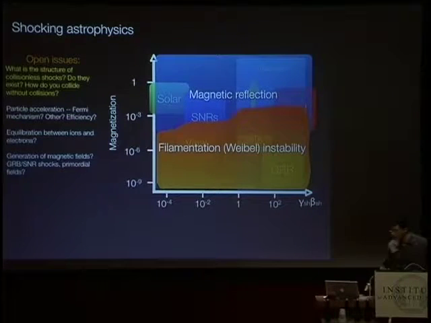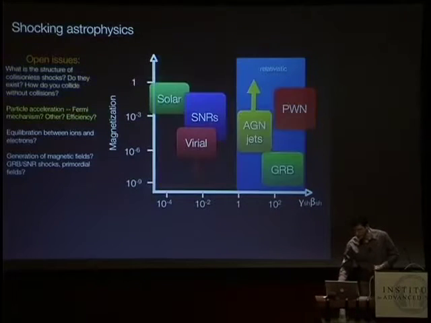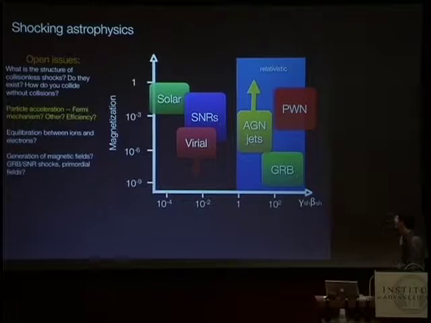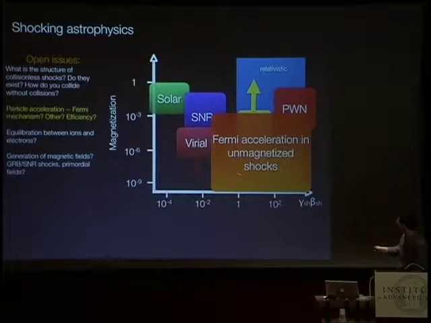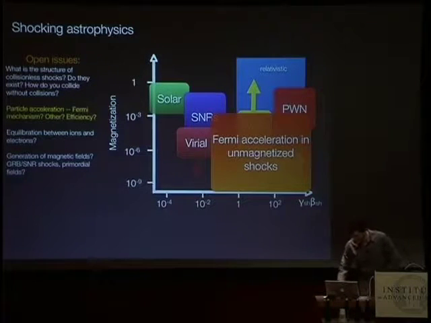And different types of shocks produce different types of acceleration. So if you have weakly magnetized shocks, then Fermi acceleration seems to be well established, especially in the relativistic case. This is the example where the self-generated field gives you the scattering.